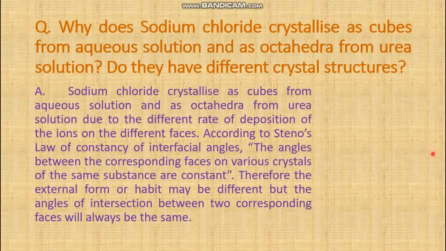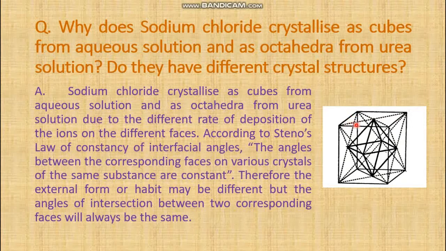According to Steno's law of constancy of interfacial angles, the angles between the corresponding faces on various crystals of the same substance are constant. Therefore, the external form or habit may be different, but the angles of intersection between two corresponding faces will always be the same. Here's the picture.